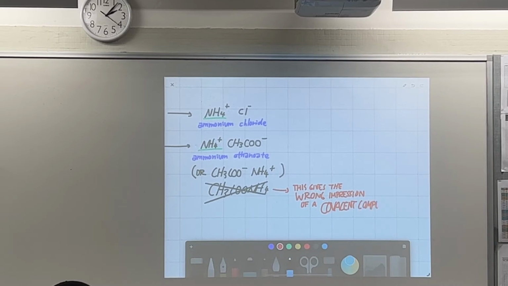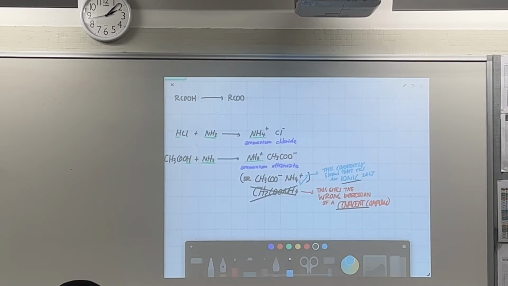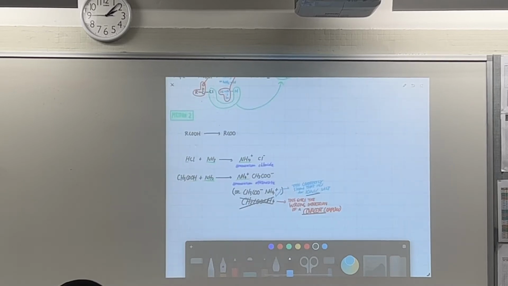This, however, is correct, because it correctly shows that it is an ionic salt. Underline the term ionic. Ionic is the true nature of the salt. Covalent is not.